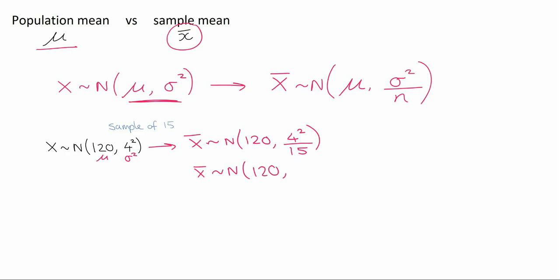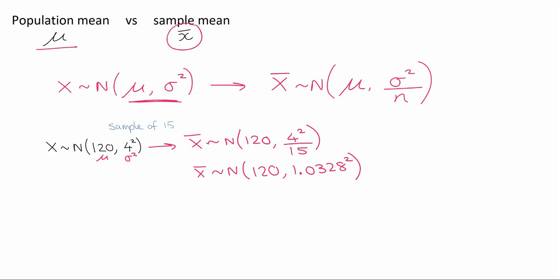Now, what you have to remember is this is the variance, that's 16 over 15. If you type this into your calculator, you get 1.06 recurring. That is your variance, and on our calculators, we always want to report the standard deviation. So let's get in a habit now of square rooting it straight away. And that is quite long, but I'm going to write it to quite a few decimal places.